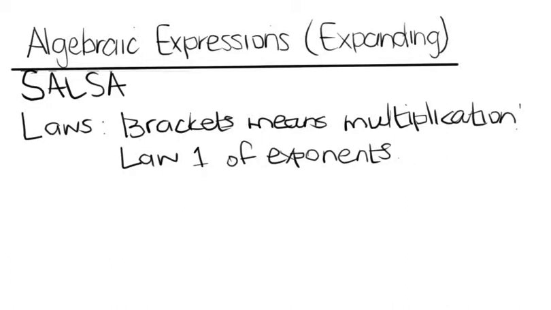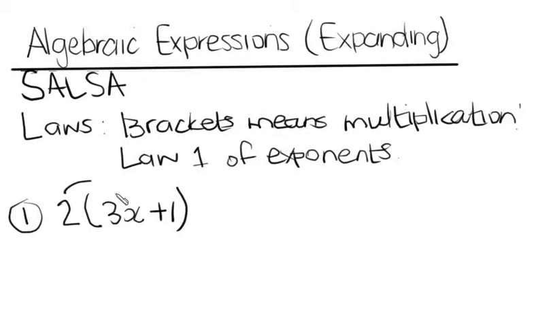So let's look at our first example. Example 1: 2 open bracket 3x plus 1. I have brackets over here, and brackets mean multiplication. So whatever is in front of my bracket, I must multiply with all the terms on the inside of my bracket.